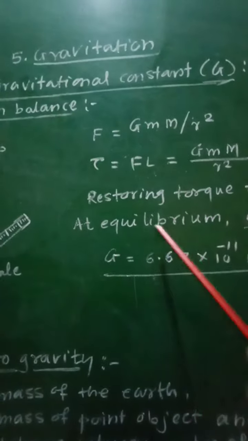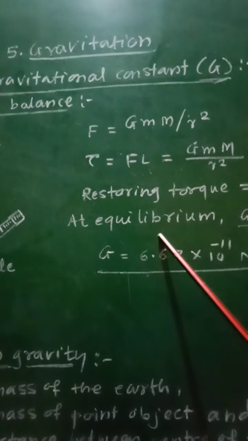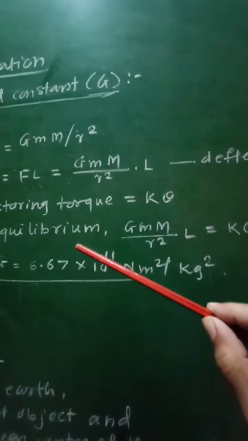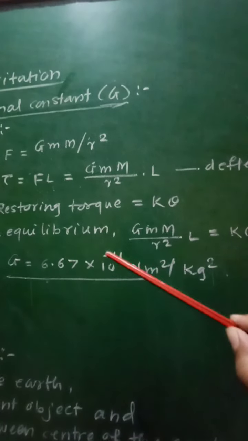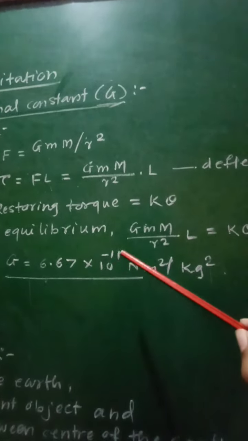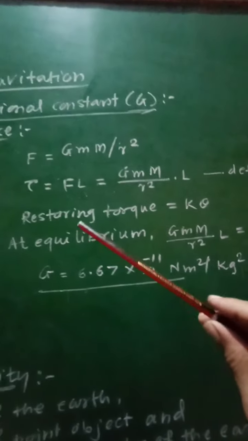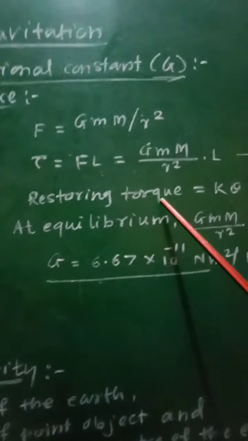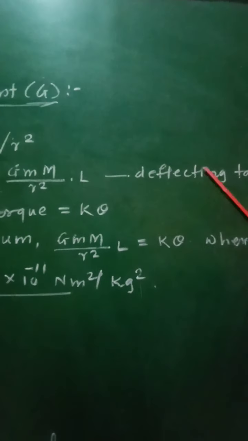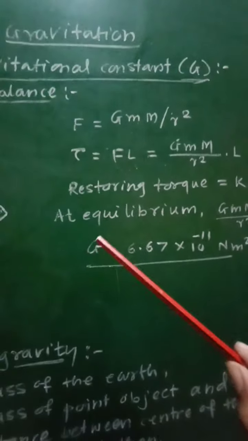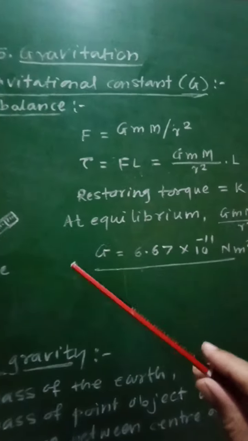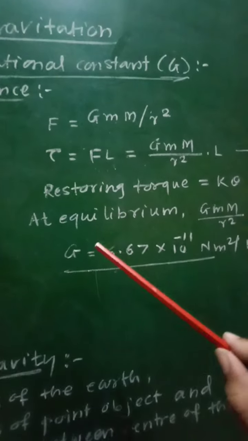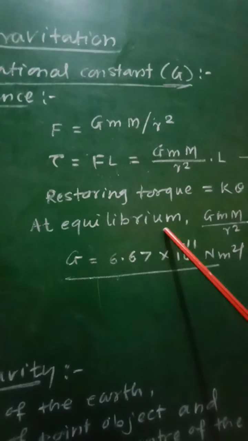Now when the equilibrium position of the rod is reached, the rod gets deflected due to the deflecting torque, and so the fiber gets twisted. But the restoring torque will oppose this deflecting torque, and a situation will be reached at which the rod comes to rest in a particular direction, and that position is the equilibrium position.